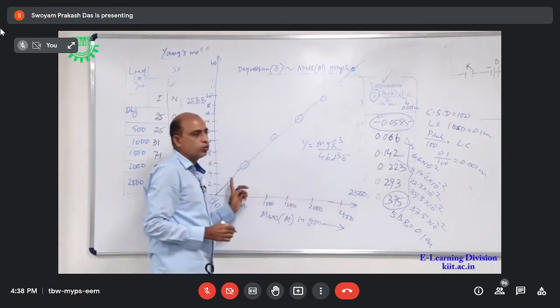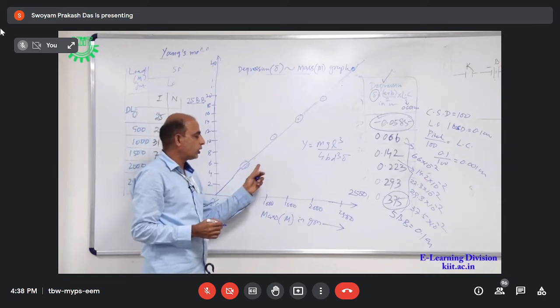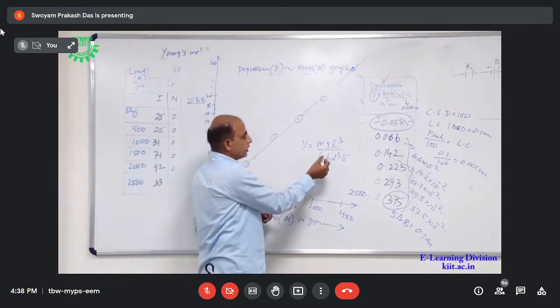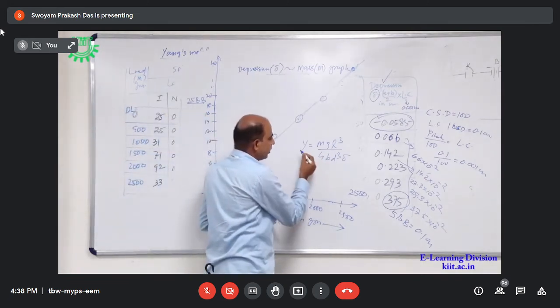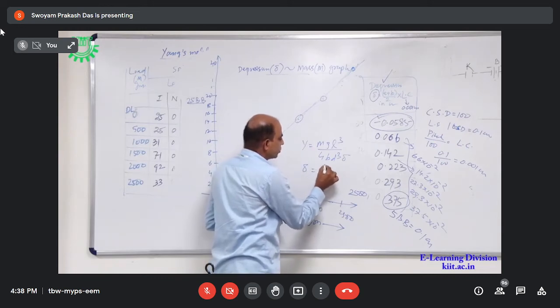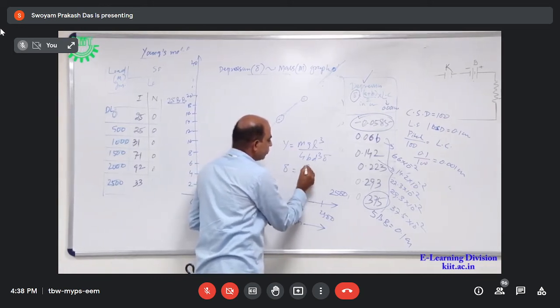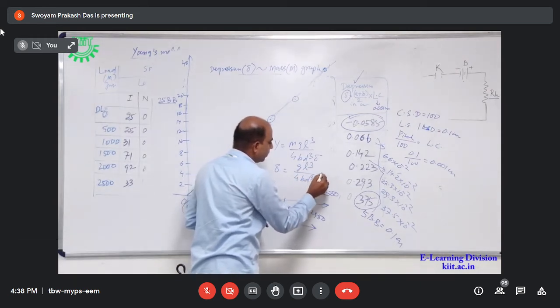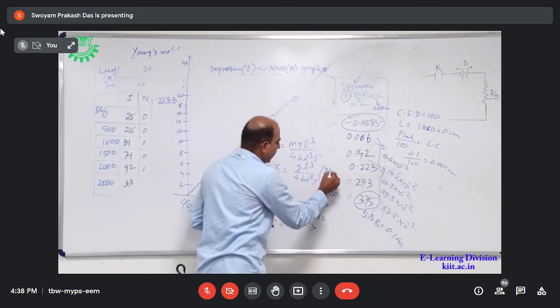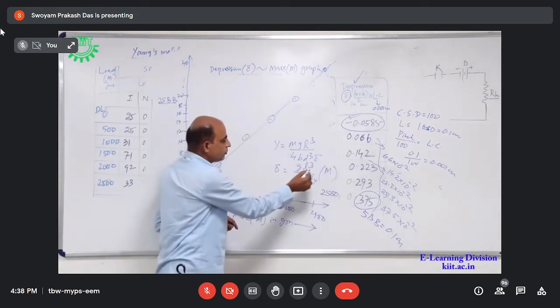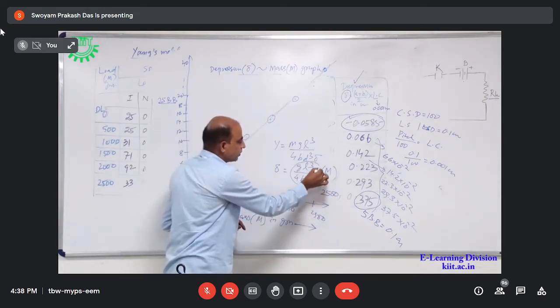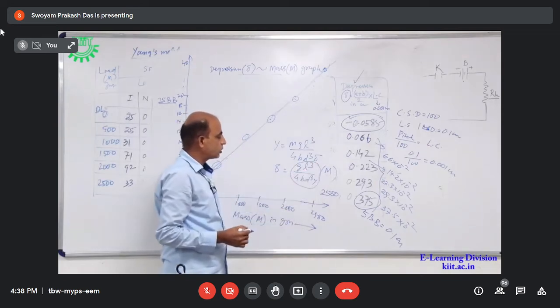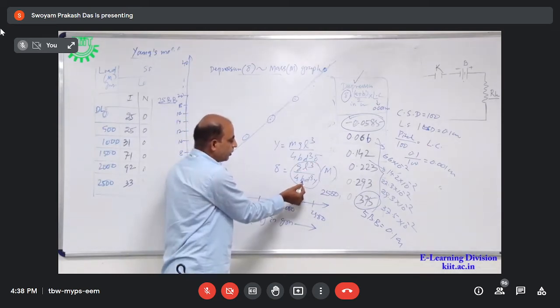So why it is coming to the origin and why it will be connected to the origin, we can see here. Then delta becomes glq divided by 4 bdq y multiplied with m. So these values are constant. The length of the beam is taken constant for a particular beam.